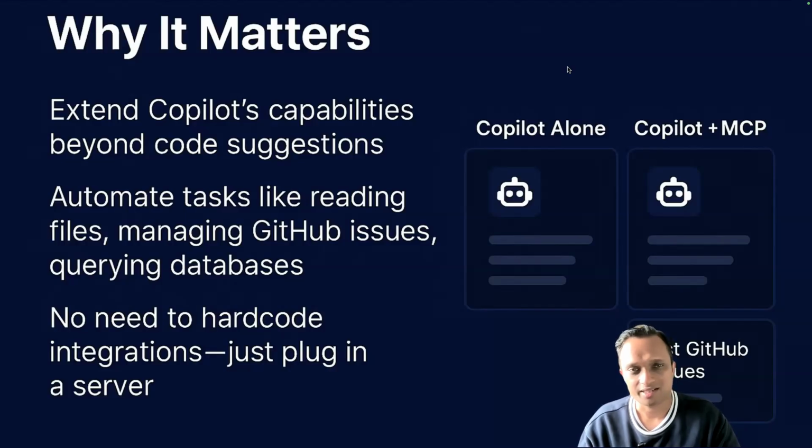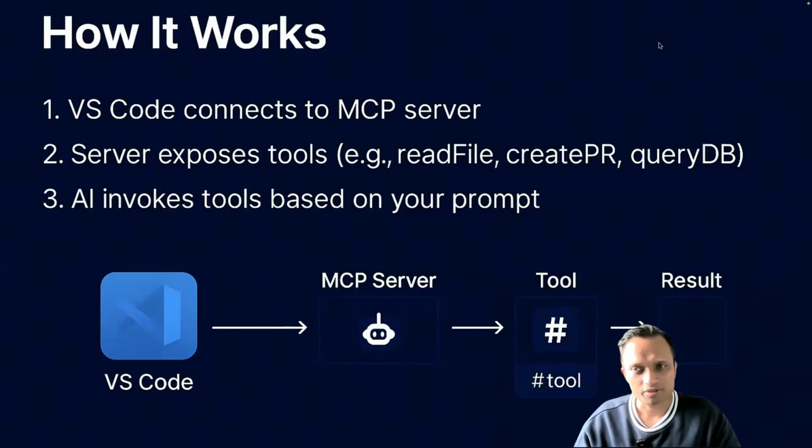So it's basically extending the Copilot capabilities beyond just code suggestions. It can automate tasks like reading files from your file system, managing your GitHub issues, or even querying databases. So you don't need to hard code any integrations. You just need to plug in an MCP server, and then all the tasks can be automated using GitHub Copilot.